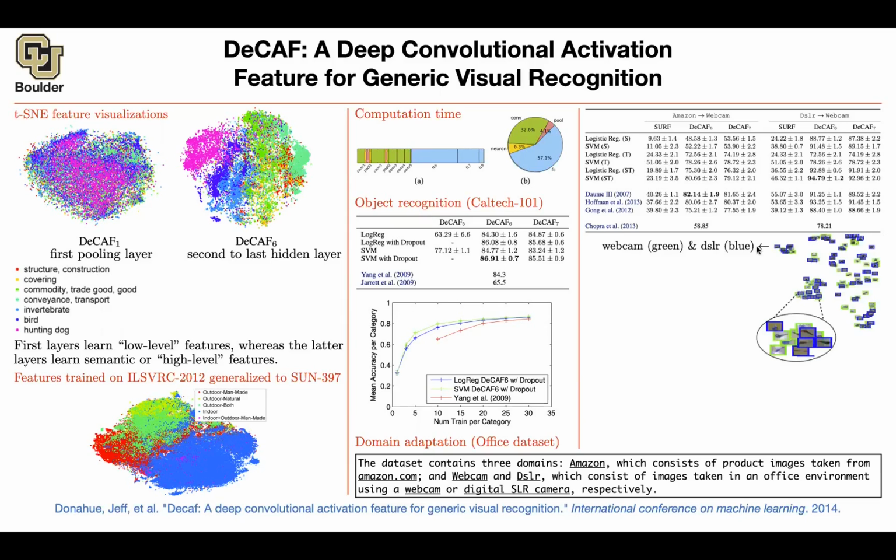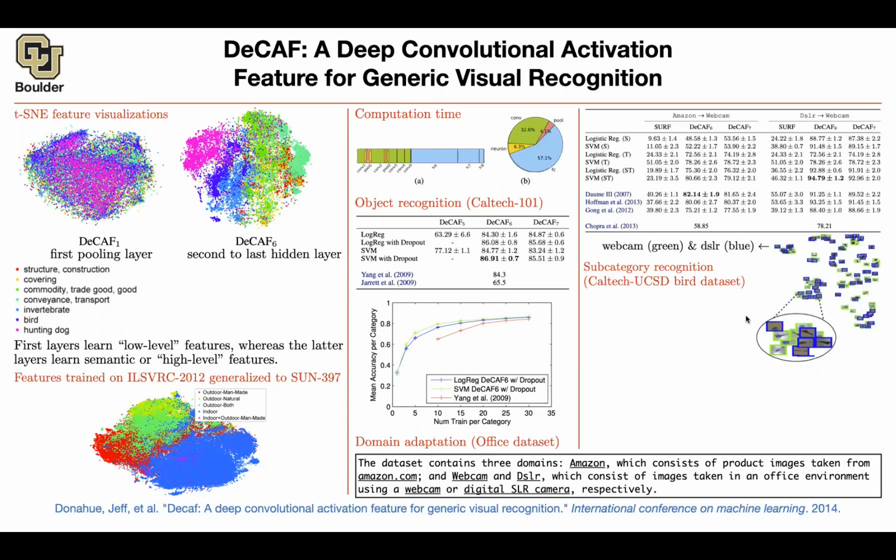If you visualize, webcam is the ones that have a green box around them, and DSLR are the blue, and you're using t-SNE, and now you're zooming in on your data set. You see that these features are putting scissors from these 2 data sets closer to each other, and that's why they're transferring better. They are actually able to transfer at all.